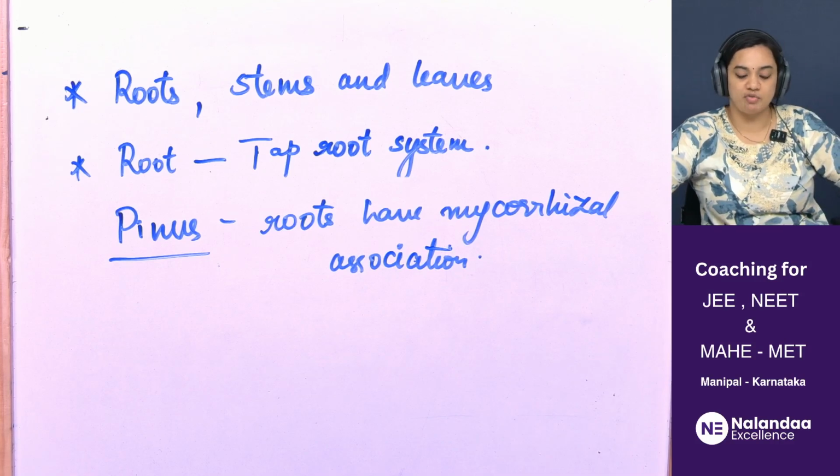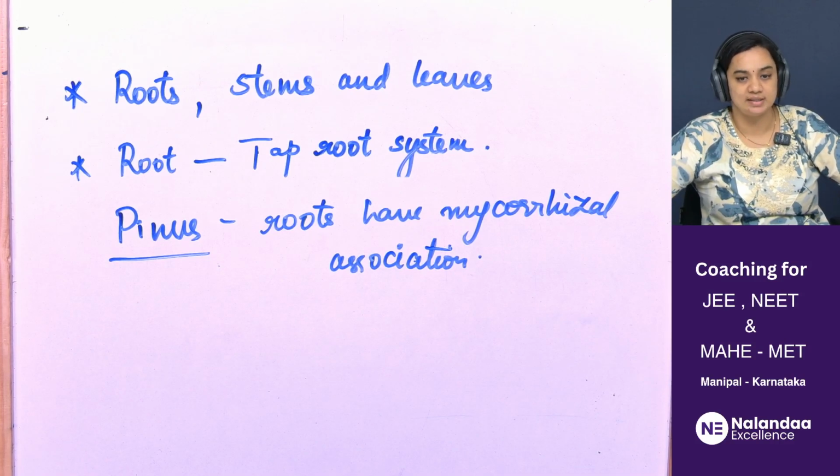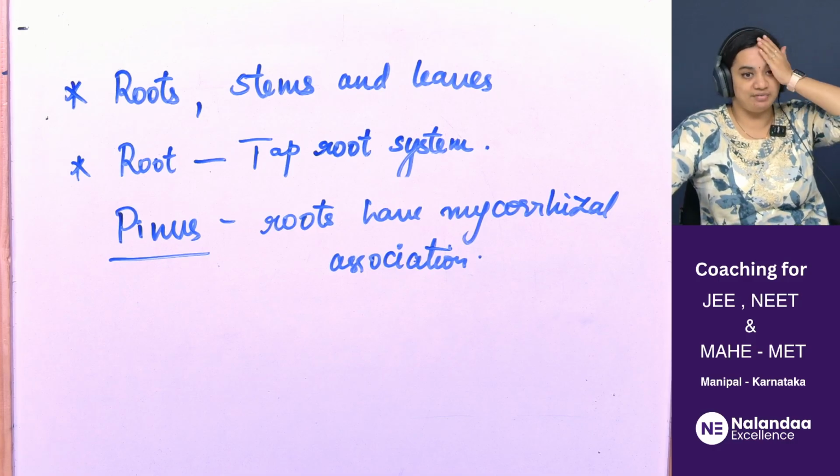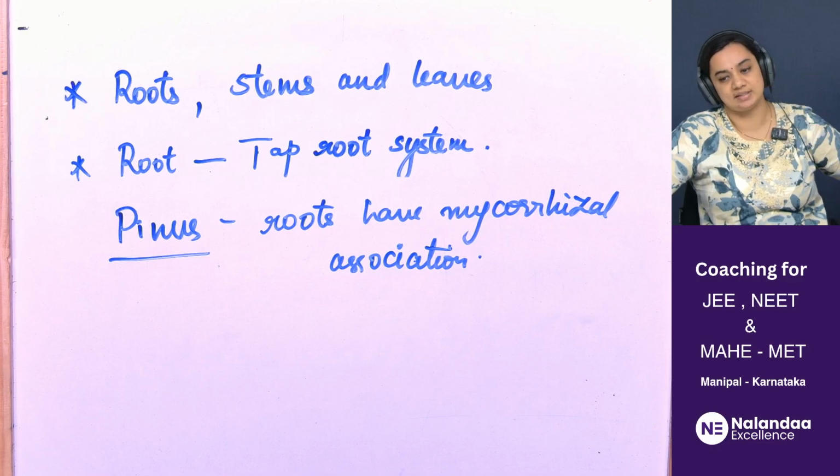This is about root in pinus. Clear? So under roots, there are two special cases: the coralloid root of cycas and the mycorrhizal roots of pinus. So stem and leaf, there are different variations which we will see in the next class.